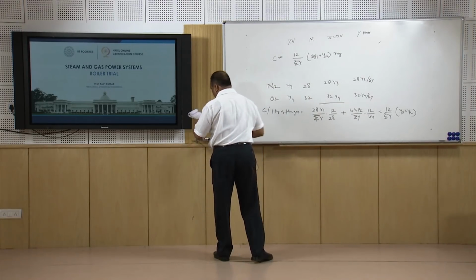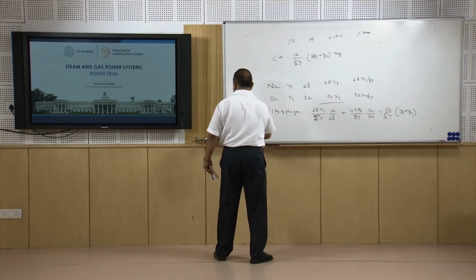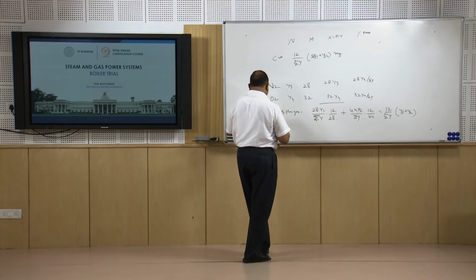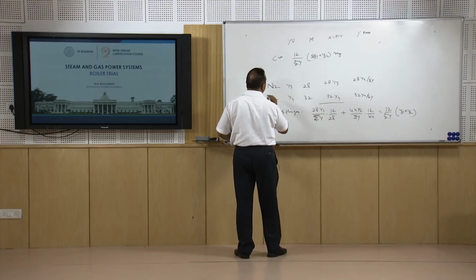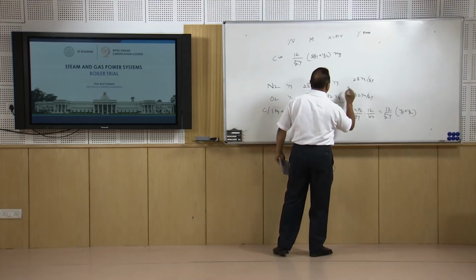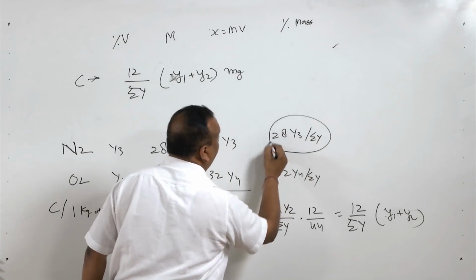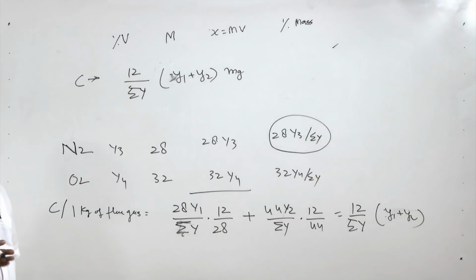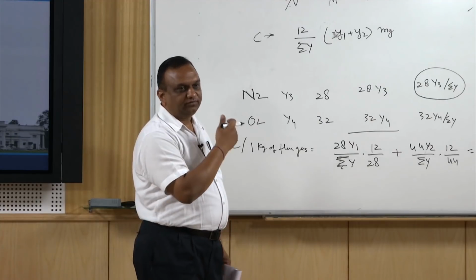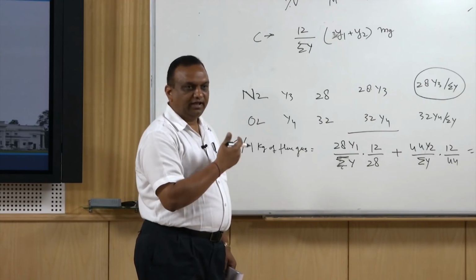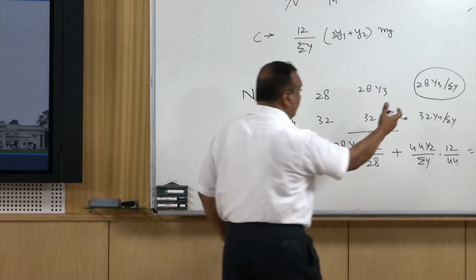That is one thing. Now regarding nitrogen, it is 28 Y3 by sigma Y. Nitrogen does not take part in combustion. So whatever nitrogen was there in the air, it has come into the flue gases.